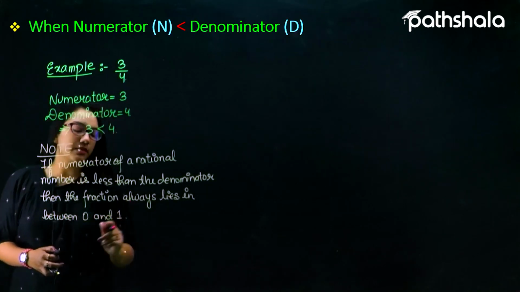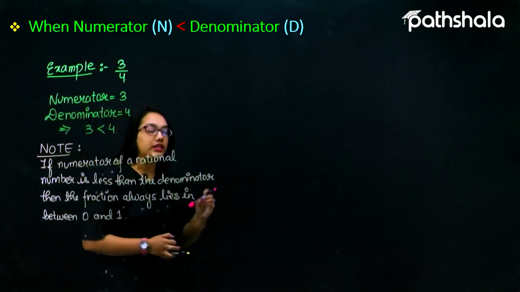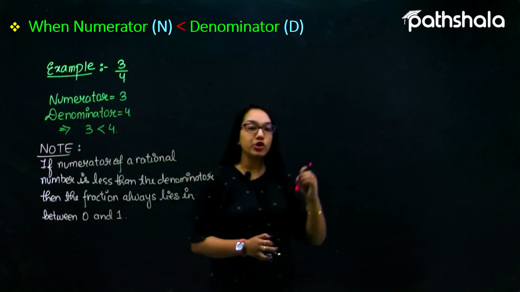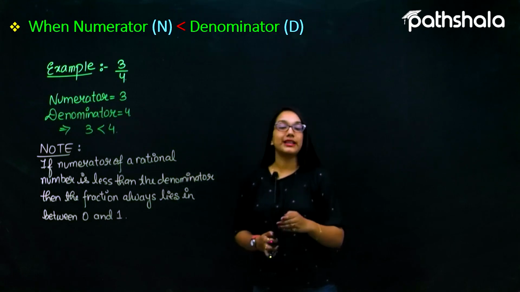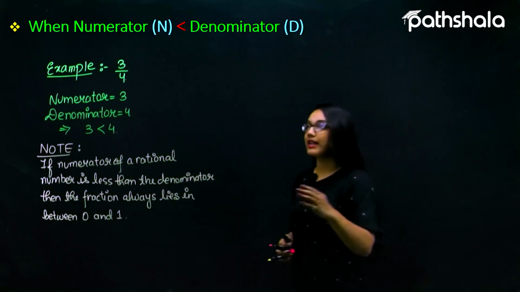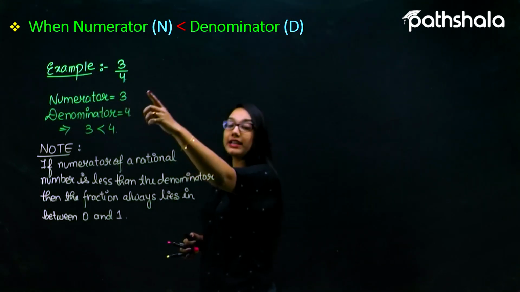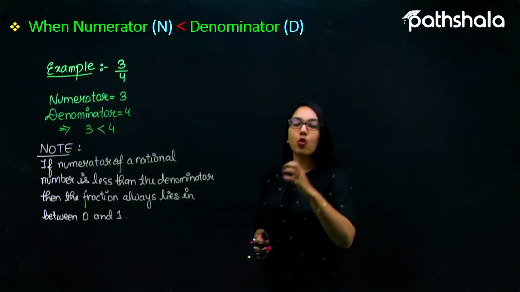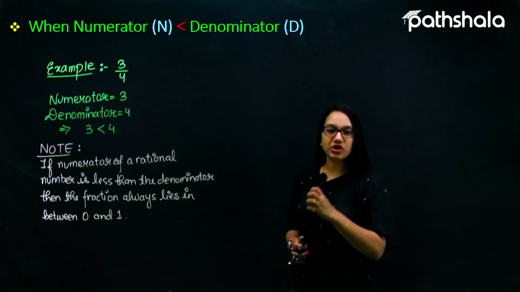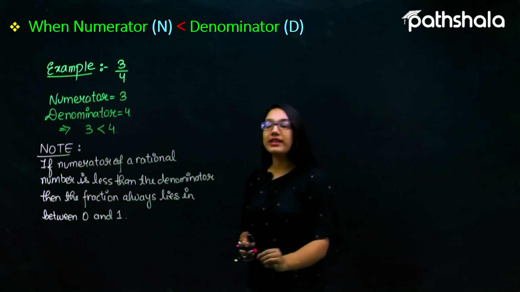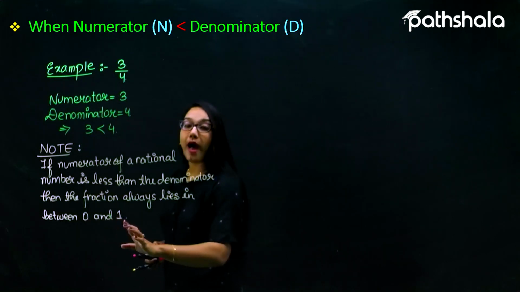So always remember this note: whenever there is a rational number in which the numerator is less than the denominator, like in this case 3 by 4, where 3 is less than the denominator, such rational numbers always lie in between 0 and 1.